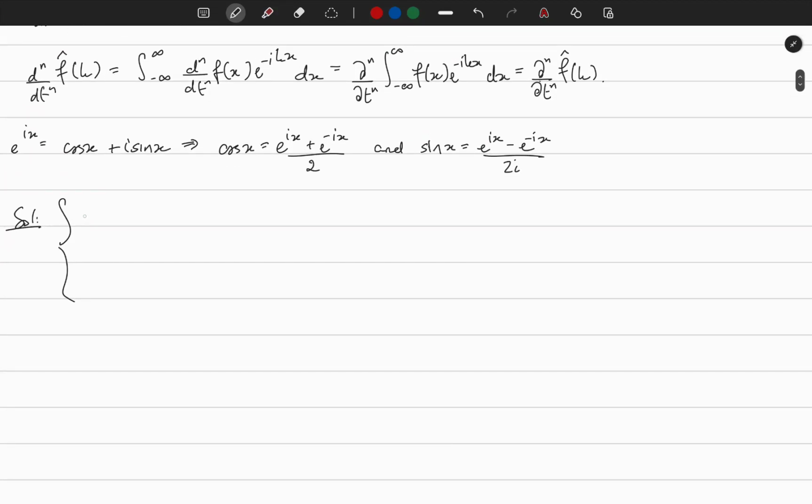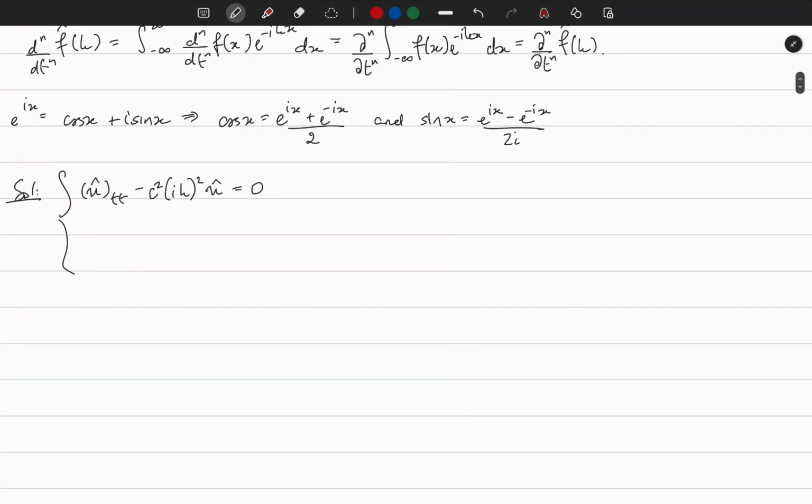So we will get that u hat taken to the time derivative twice minus c squared times ik squared of u hat. And the transform of 0 is simply 0.